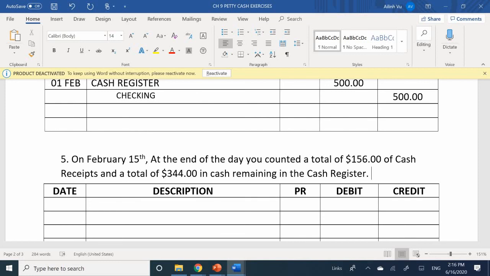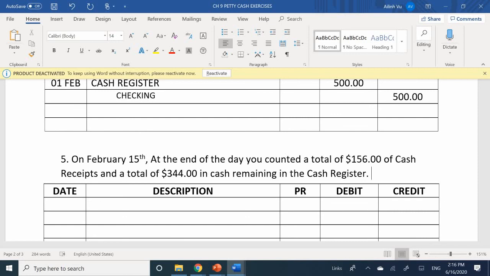Now, the question is, your cash register has a total of $500, correct? But 156 of it was exchanged for your cash sales receipts. That's the money that, if someone brings you a $20 bill, you need to give them the change back. So you're losing money in your actual account.